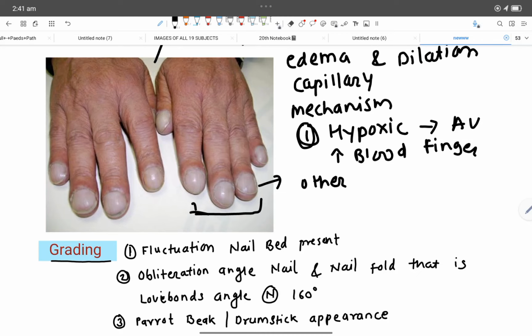Other mechanisms include the ferritin increasing theory, neurogenic theory, and hormonal theory.